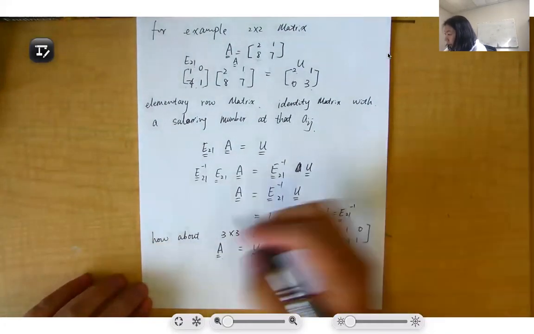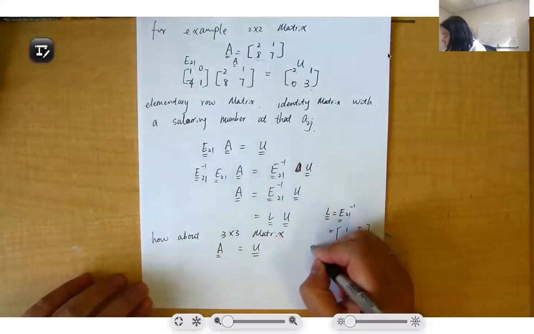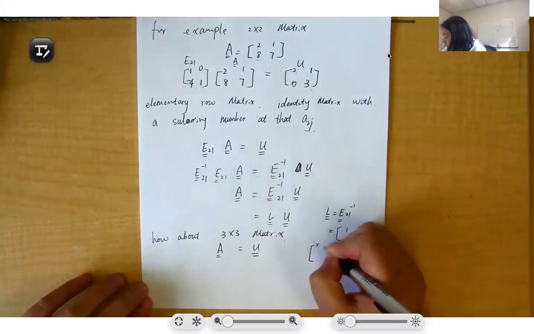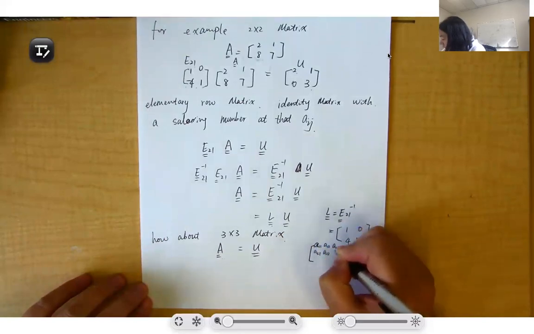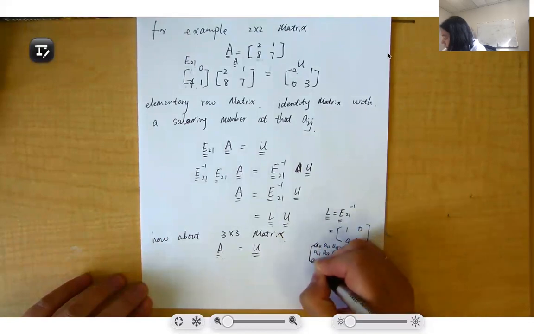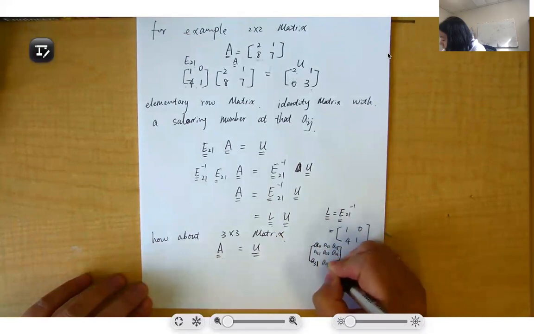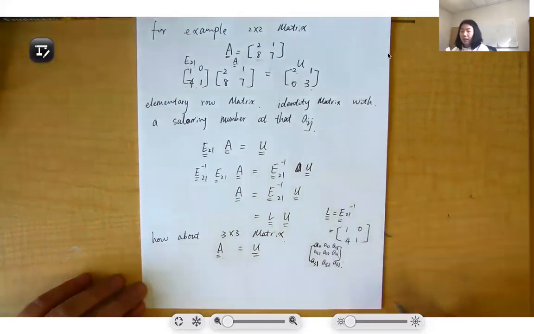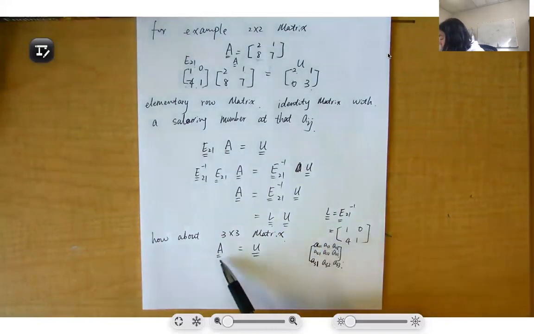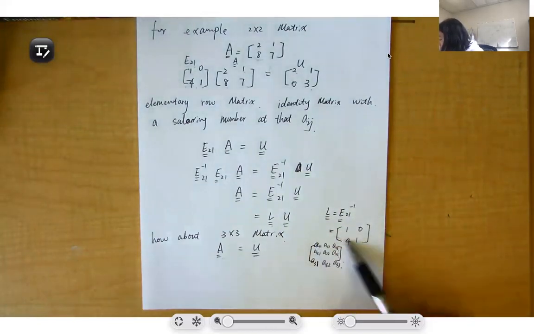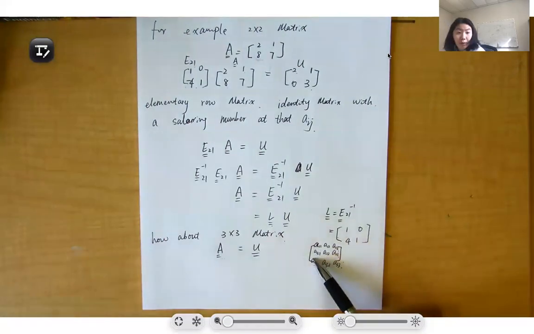So for example, you have matrix A with A11, A12, A13, A21, A22, A23, A31, A32, A33. So this is your 3 by 3 matrix, and you are trying to convert this A to an upper triangular matrix. Then what are the row operations you need to involve in the system?